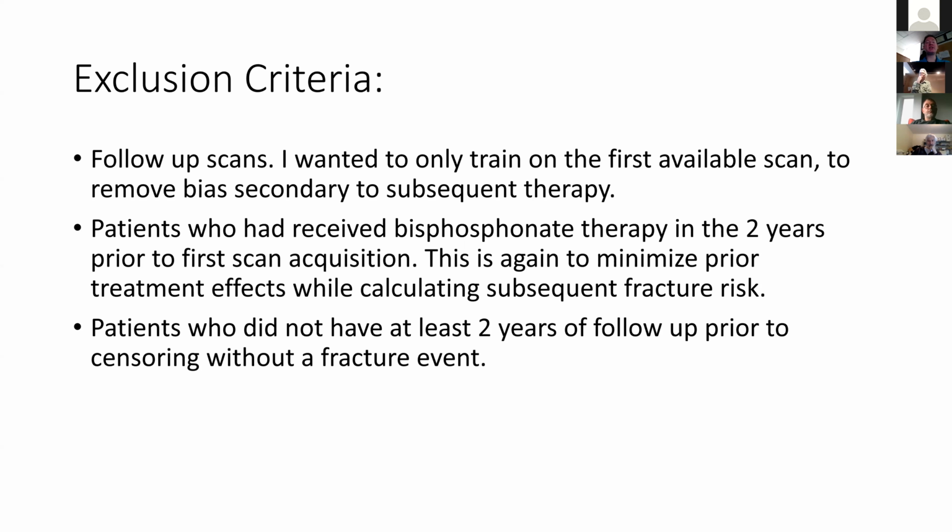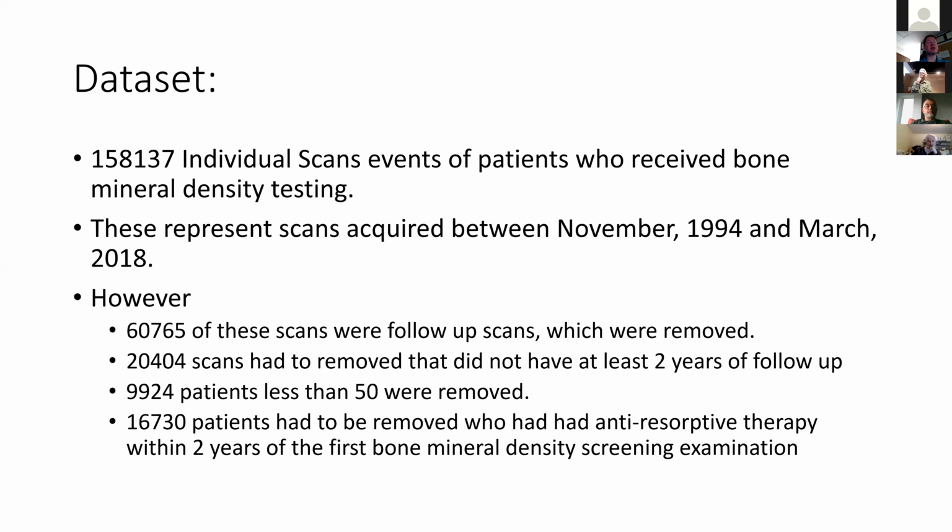And I removed patients who didn't have at least 2 years of follow-up prior to censoring without a fracture event. So I started with 158,000 rows of individual scans between the 90s and 2018. 60,000 of these were follow-up scans, which were removed. 20,000 scans were removed that didn't have enough follow-up.